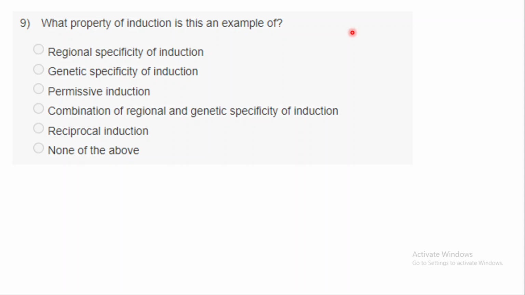Option B, genetic specificity of induction. Option C, permissive induction. Option D, reciprocal induction. Option E, none of the above. What property of induction did we see just now? Thigh mesenchyme and the epidermis from the bird, wing epidermis.